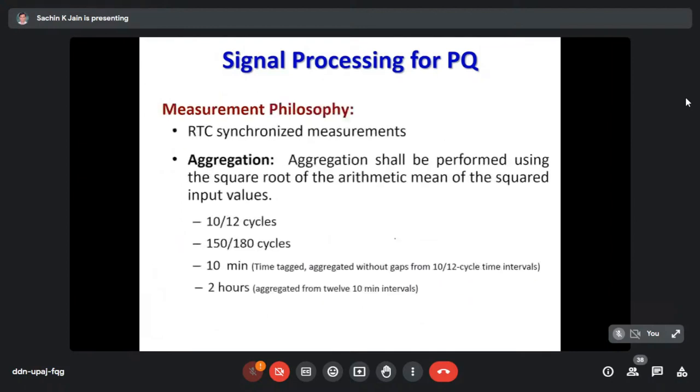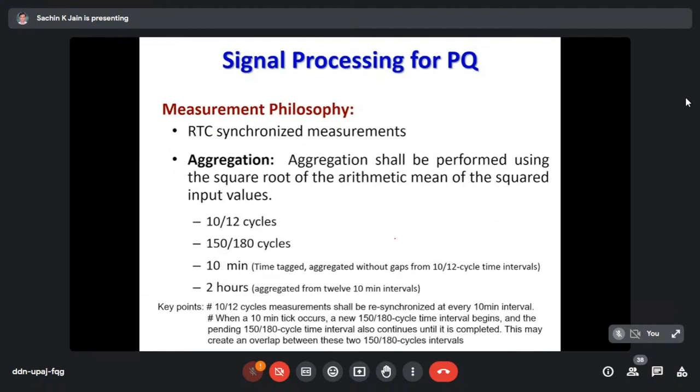So before we discuss that, there is some measurement philosophy that is used in signal processing for power quality disturbances. For example, RTC synchronized measurements, that is very much required. Aggregation: instantaneous values, for example, if you have RMS values also, they are of no significance.